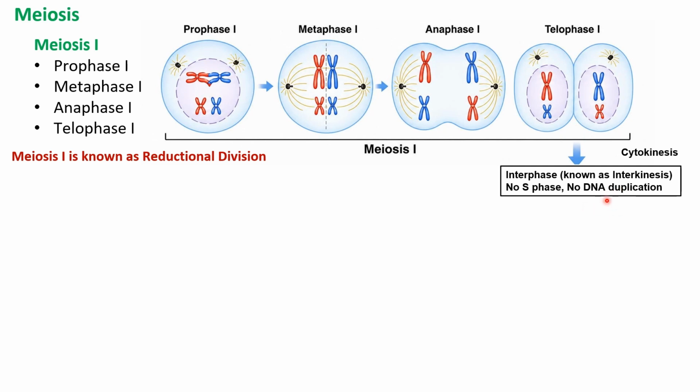In some species, the chromosomes simply stay condensed. The important thing is there is no S phase during the interphase between meiosis I and meiosis II. That means chromosomes do not duplicate during this interphase. This brief interphase between meiosis I and meiosis II is known as interkinesis.